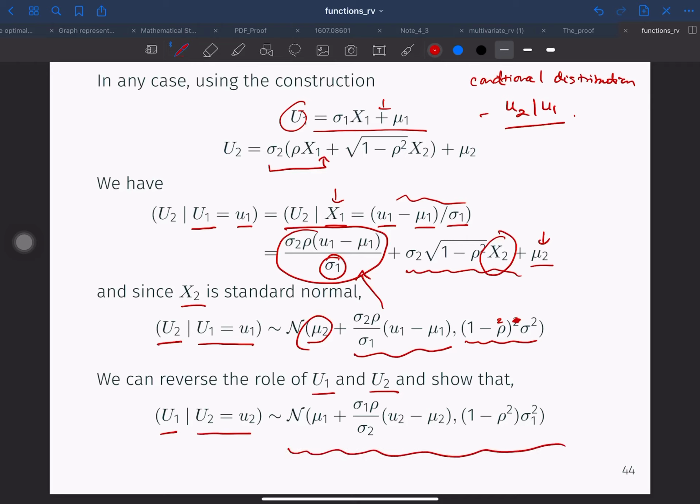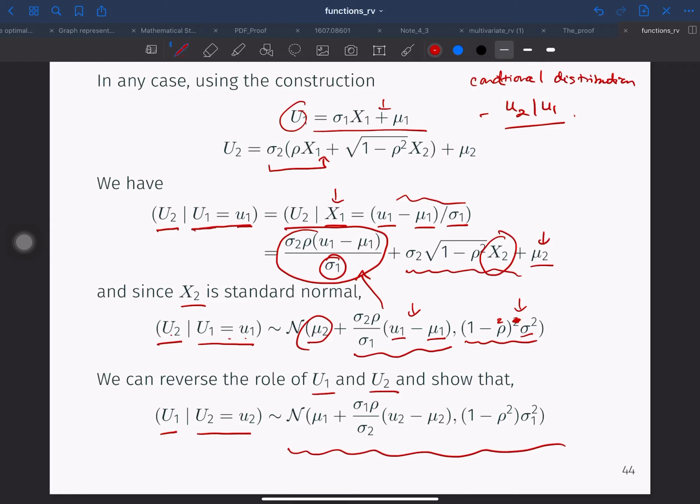So in a sense, what we have shown here is that the distribution of u2 given u1 equal to little u1 has a mean that is transformed by the shift between u1 and mu1. And the variance is a bit smaller. The variance is now 1 minus rho squared times sigma 2 squared. And that is basically the conditional PDF of u2 given the value of u1.